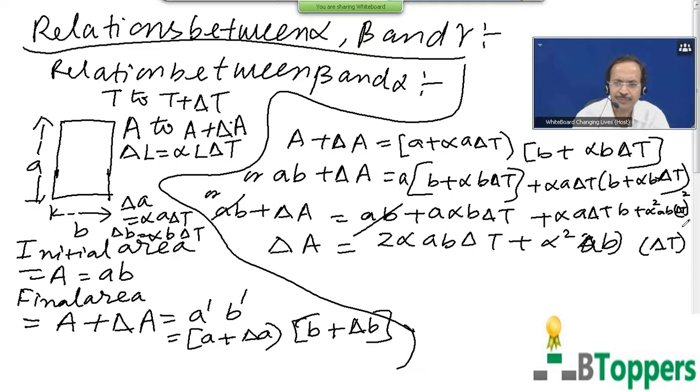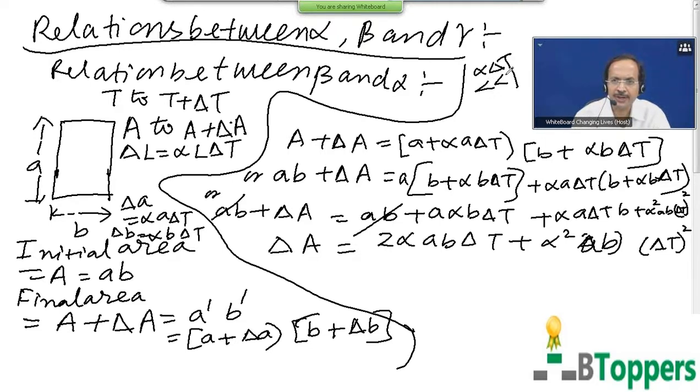So in practice, for most solids, the product alpha into delta T will be very small compared to 1. For example, for a steel rod, alpha is approximately 12 into 10 power minus 6.